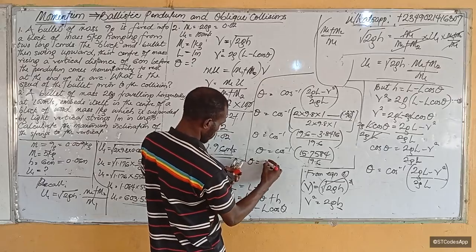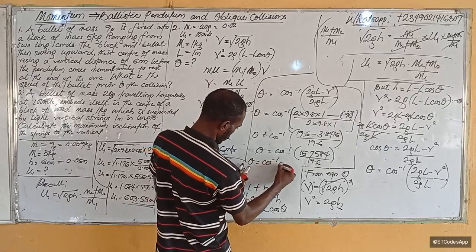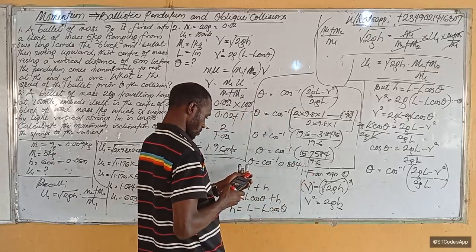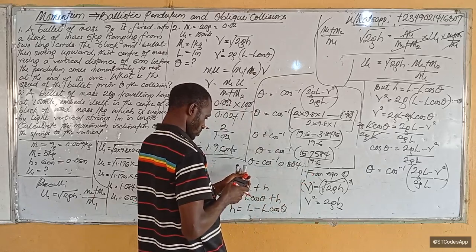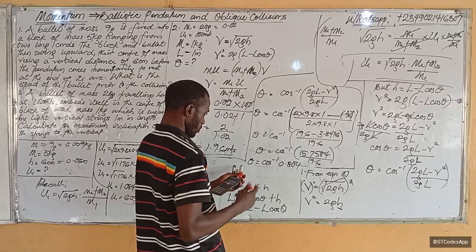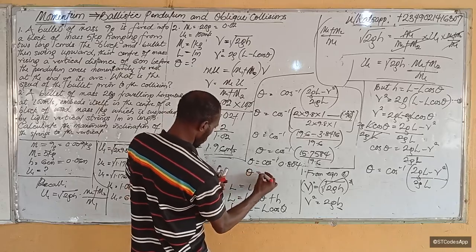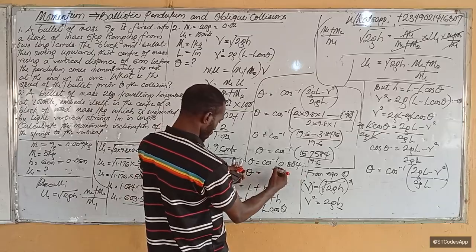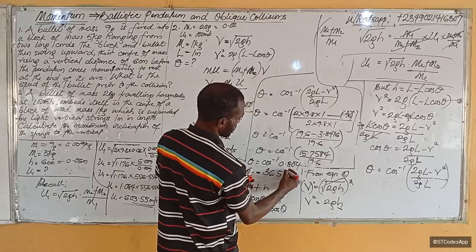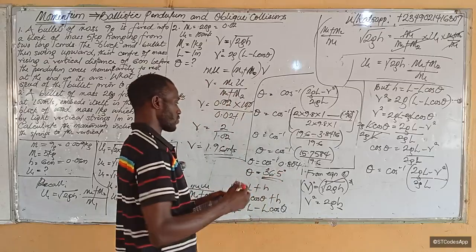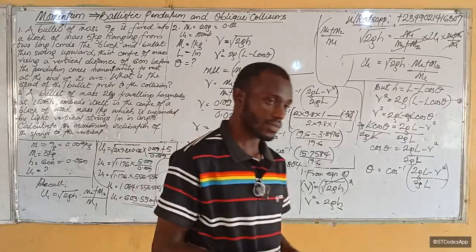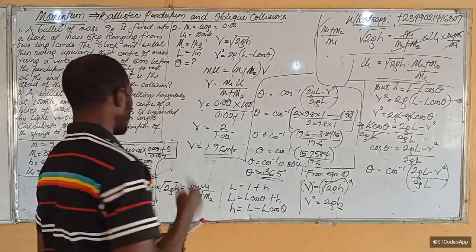So theta equals cos inverse of 0.804. So our theta will be equal to, when you take cos inverse of that, you get 36.48. So that's 36.5 degrees, approximately 36.5 degrees. So that will be the answer to question 2.